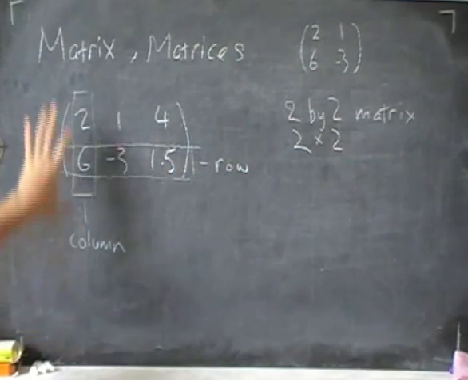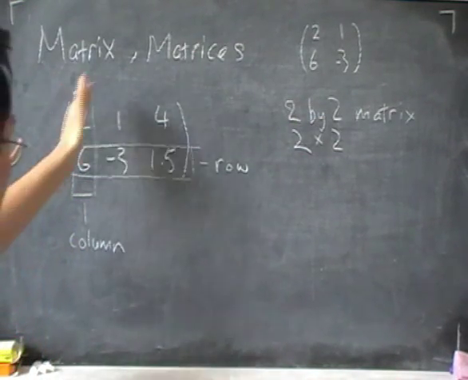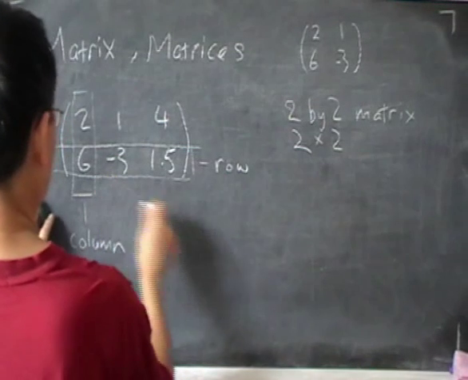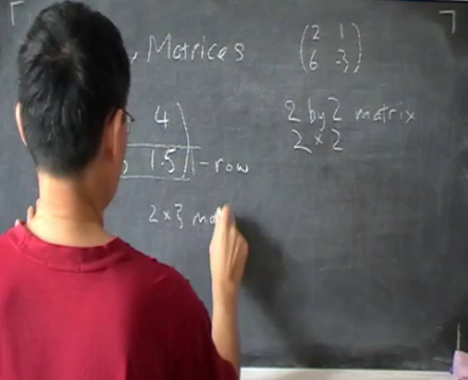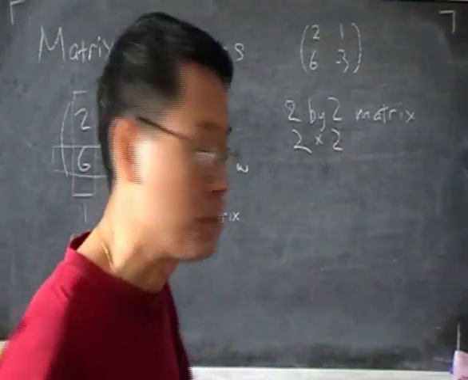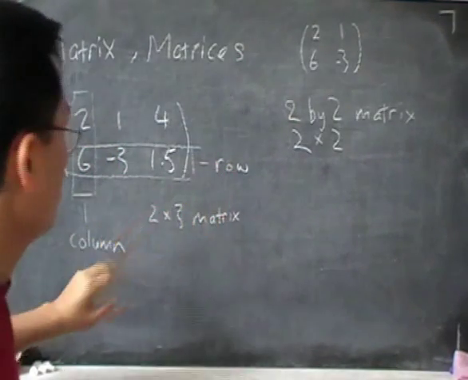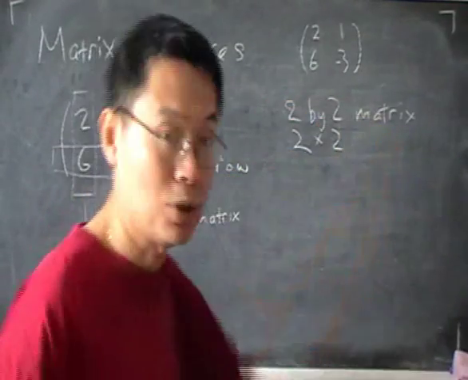Alright, so for example, this is a 2 by 3 matrix. That's a 2 by 2 matrix. Okay, so we've learned the terms row, column, and the term 2 by 2 matrix.